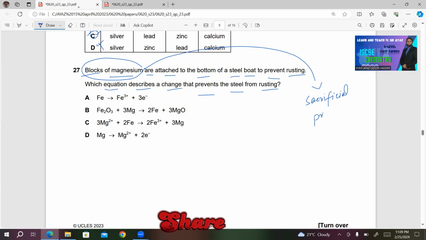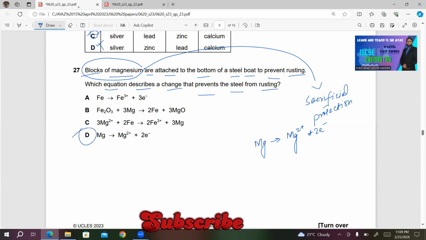So magnesium will oxidize in preference to steel, and we must have this reaction taking place. Mg gives Mg2+ plus 2 electrons. So only choice D will be the right answer in this case.